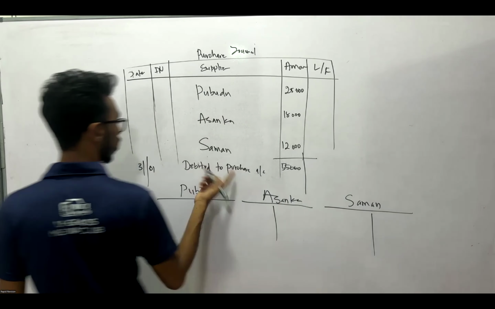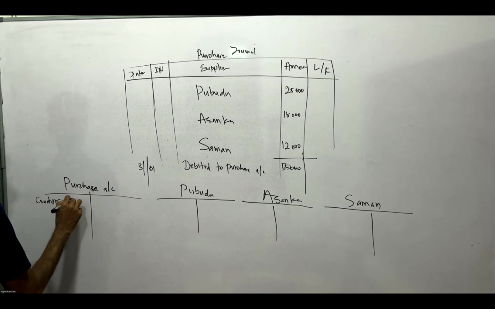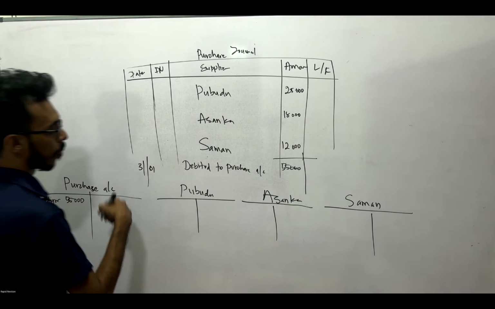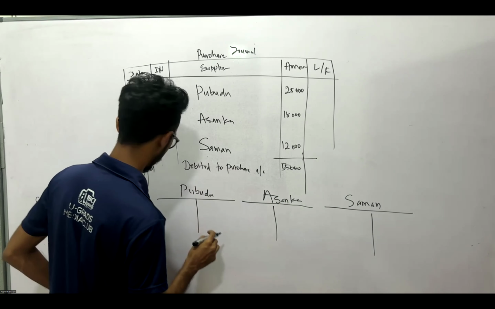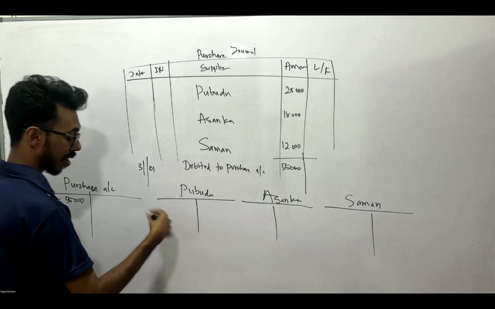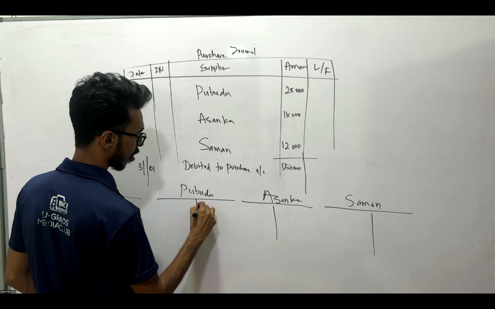The relevant accounts have been asked. So the purchase account has to be debited as 55,000. Pubudu account has to be credited as 25,000, purchase.